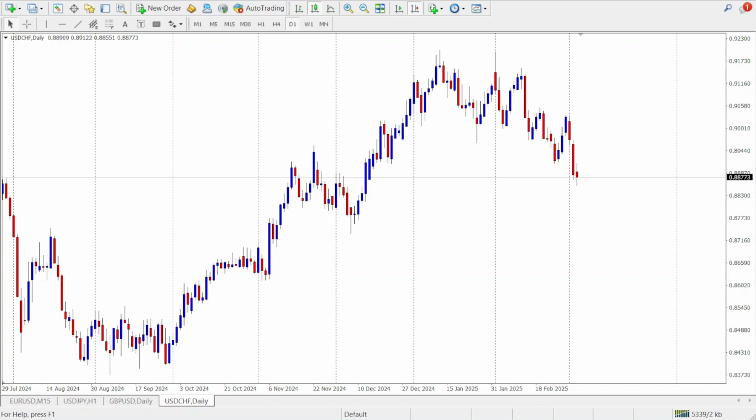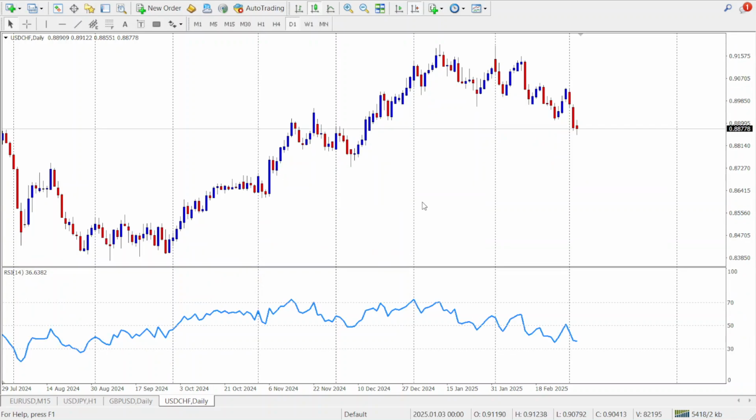Okay, let us jump right into it. Now, let us start with the two key indicators used in this strategy. The first is the RSI, the relative strength index. It's a momentum indicator that measures the speed and change of price movements.